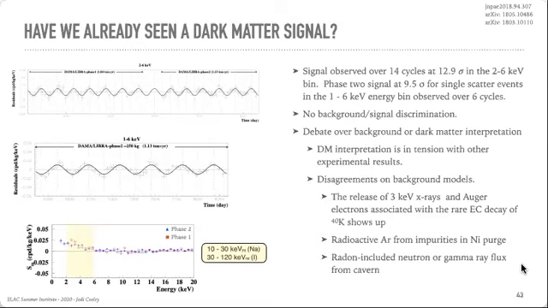It was thought at one time, and there's actually a paper out there that says this explains at least the amplitude of that modulation if you take this into account. Radioactive argon from impurities in a nitrogen purge could possibly be a problem. Radon, induced neutron or gamma ray flux from the cavern itself. These are all sorts of issues that are up there.